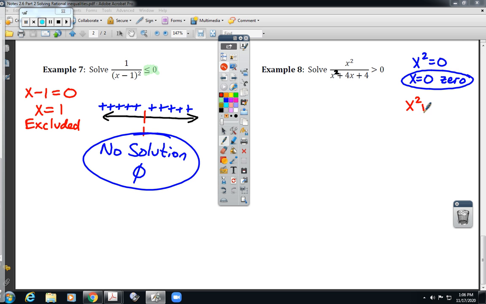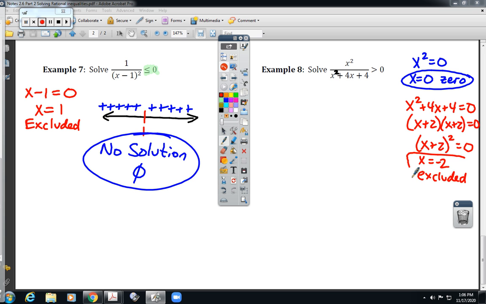Well, x squared plus 4x plus 4 equals 0 is factorable into x plus 2 squared, which gives us an excluded value of negative 2. Now the multiplicity of both of these things is 2, which is going to affect our sign chart.